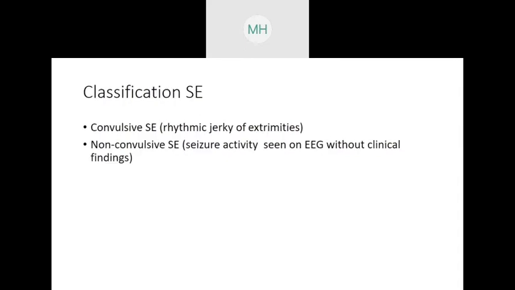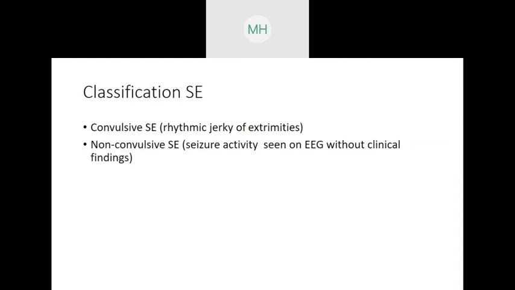Okay, coming into the classification of status epilepticus, many authors in general classify according to where the seizure arises, where there is an origin in a localized region, which we call partial onset, or there is involvement of both hemispheres, which is a generalized onset.